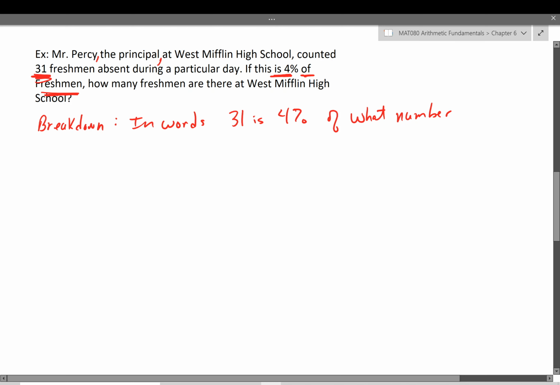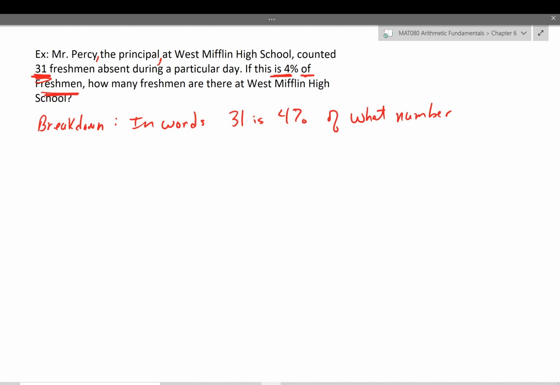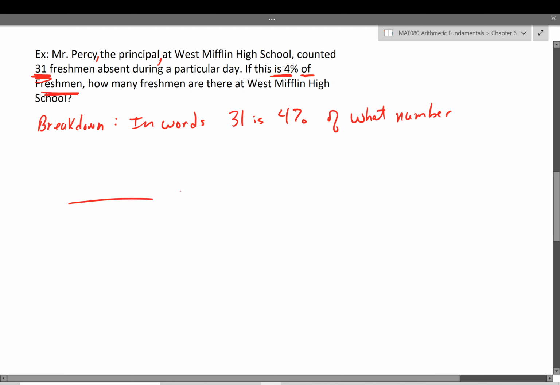So 31 is 4% of freshmen. In this case, we're considering the freshmen to be what number? How many total freshmen are we actually talking about? So set up our proportion. Here's the percent. Put a 4 there. Here's the word of. What number is going to be the variable. And then up top is going to be a 31.